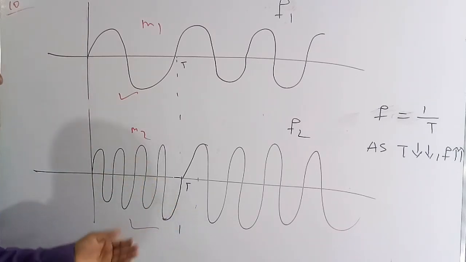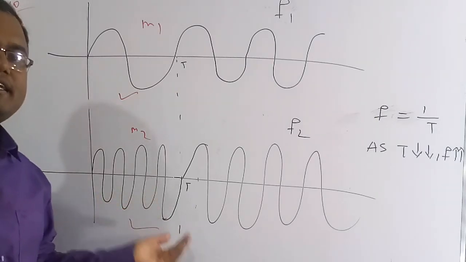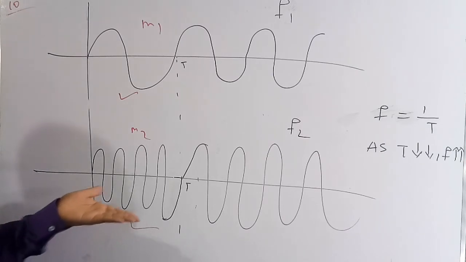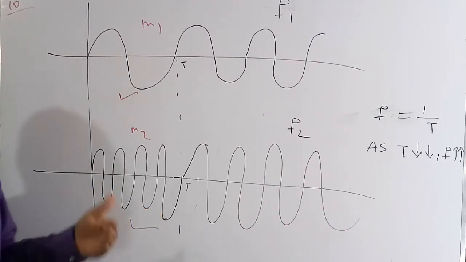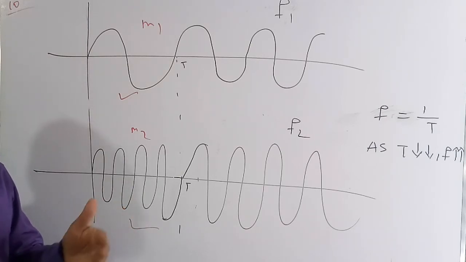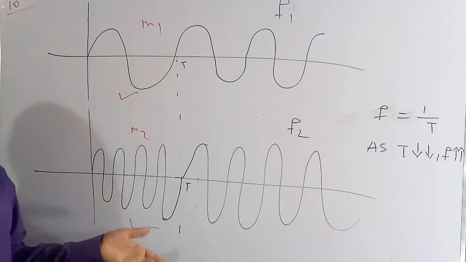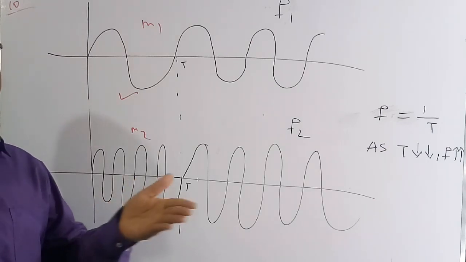That is the reason we always use the high frequency signal. As the time period of the cycles decreases, the frequency also increases, means the number of cycles in a given time also increases. Whenever the frequency increases, the time period decreases, and whenever the time period decreases, the frequency increases, means the amount of information which is transmitted is more.